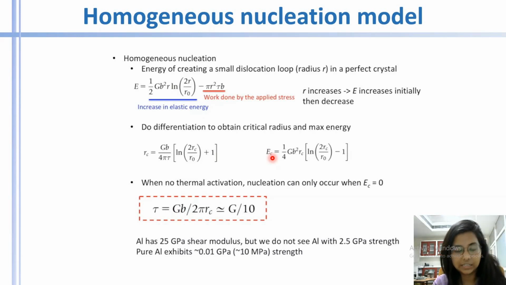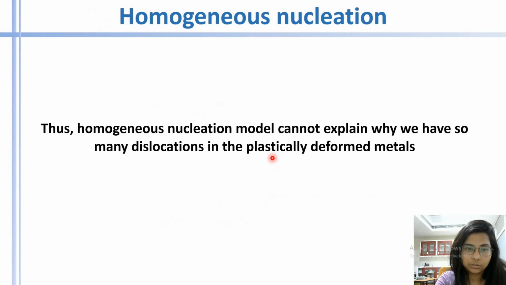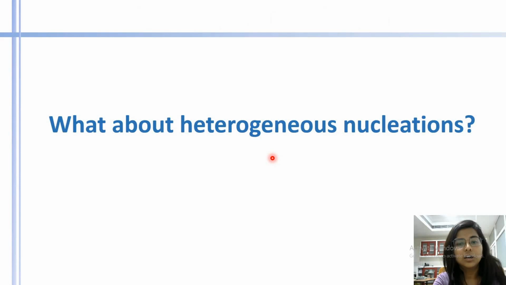The conclusion is that the homogeneous nucleation model cannot explain why we have so many dislocations in plastically deformed metals at normal temperatures and pressures, because the shear stress required for the nucleation event is so high that it cannot exist at room temperature. So then we come to the second model.